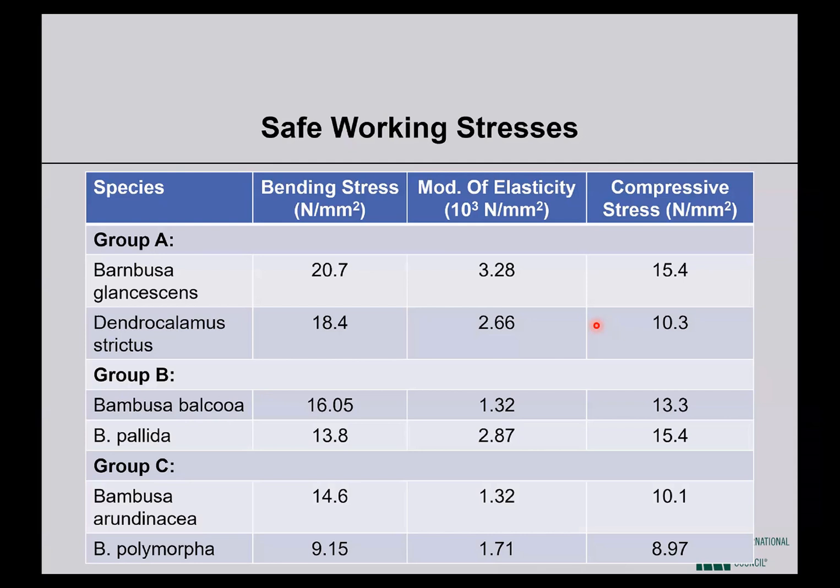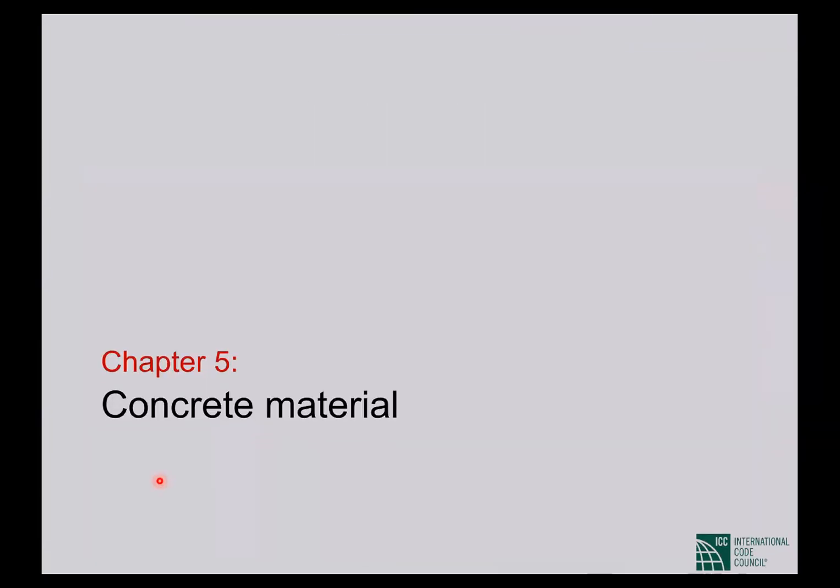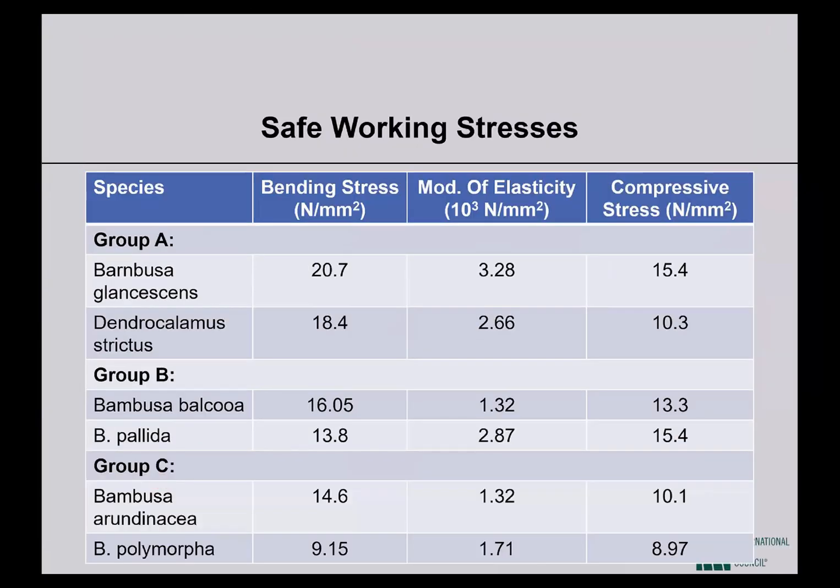So you can find allowable stresses, information regarding modulus of elasticity, allowable compressive strength, bending stress for different types of species. And the species are grouped in different groups, and subsequent calculations depend on what group a particular species belongs to, and other things.